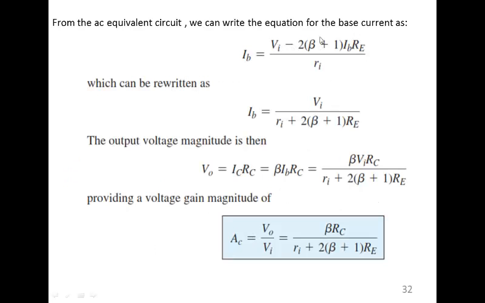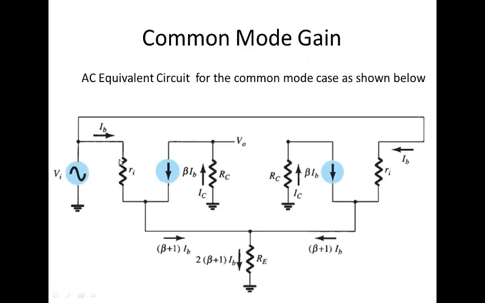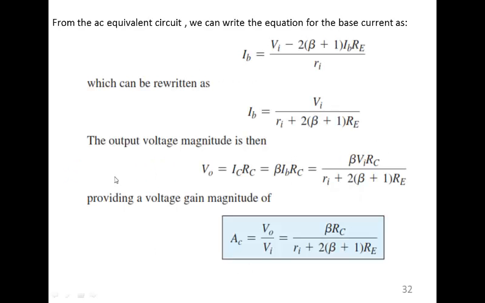So this is the potential V in minus this potential divided by RI, and RI is this resistance. The potential here minus potential here divided by RI would be equal to IB flowing through this RI. So by solving this equation for IB, we will have IB equal to V in over RI plus 2 into beta plus 1 RE.